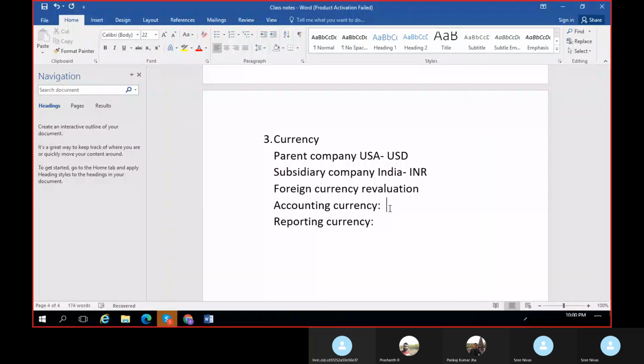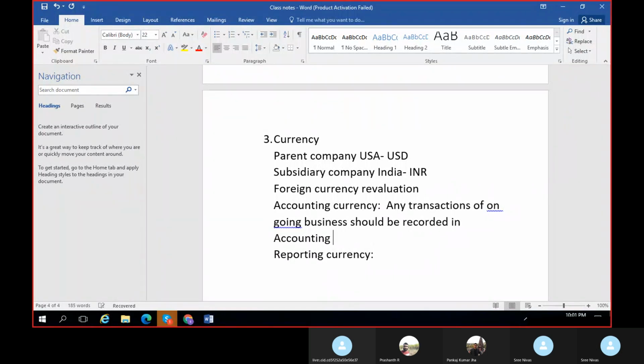And those transactions have to be accounted for.